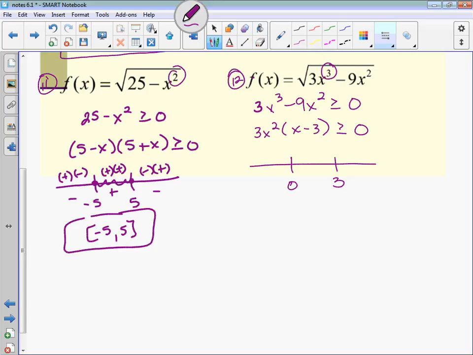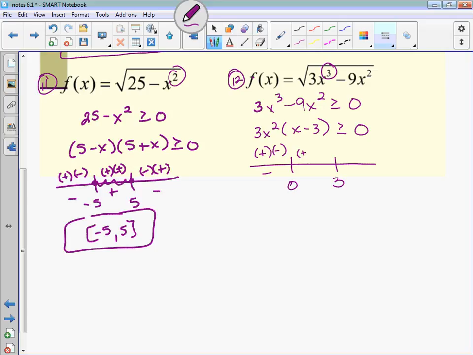What do you want to use left of 0? -1. What's -1 squared? It's clearly going to be positive. What is -1 minus 3? Negative, so overall negative. What do you want to use in between 0 and 3? 1. What's 1 squared?